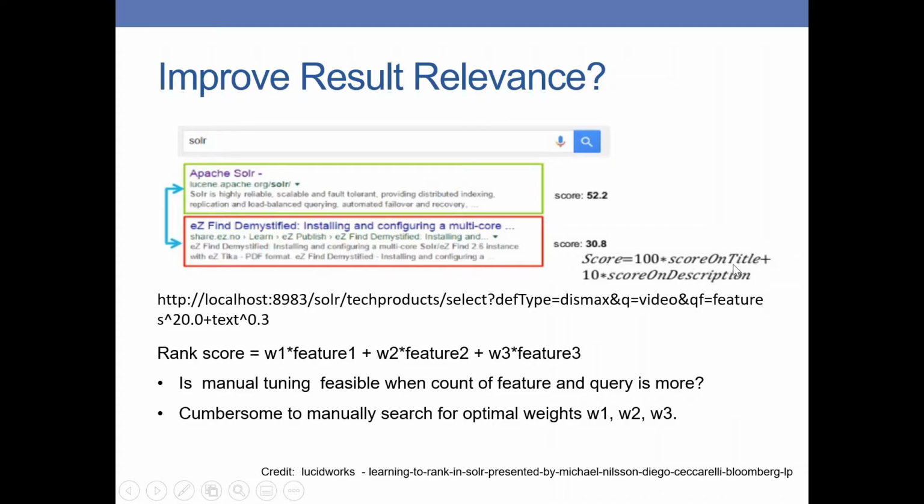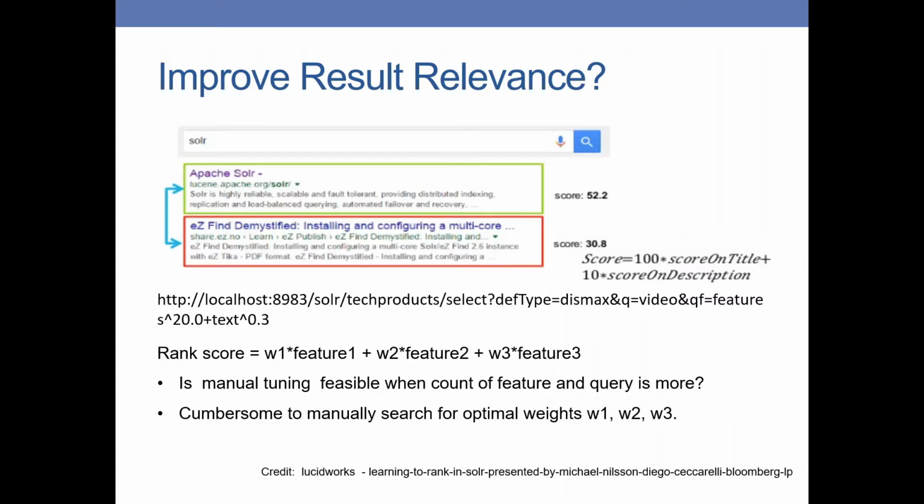Let's say if the search term is there in title, then the weight will be increased. And if the search term exists in description, then it will add certain weightage. So by giving this boosting, the document score will increase automatically, and the lower ranked document, which as per the domain is more important, will get a higher ranking.